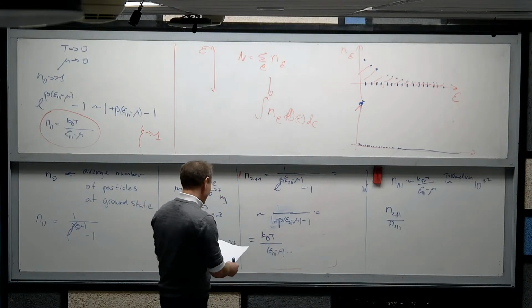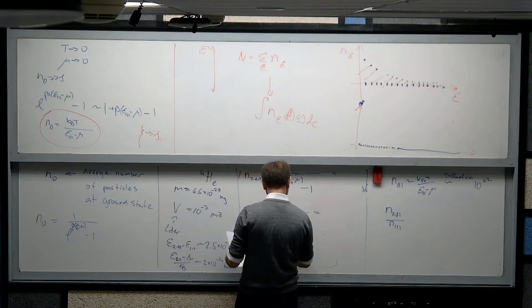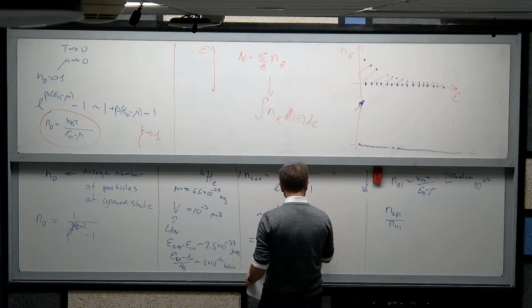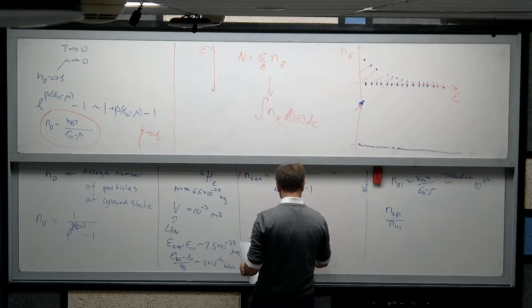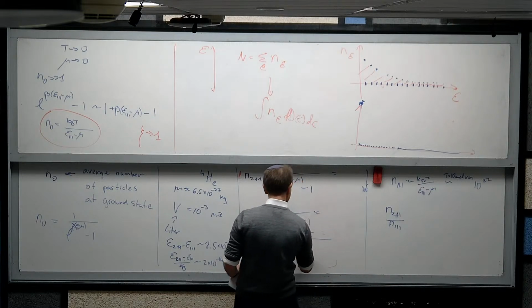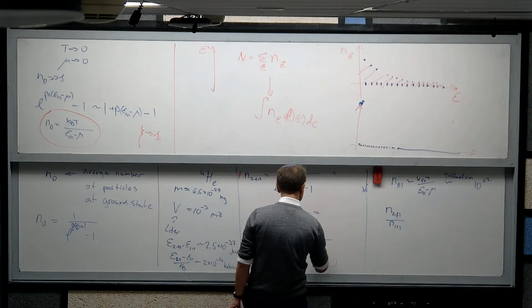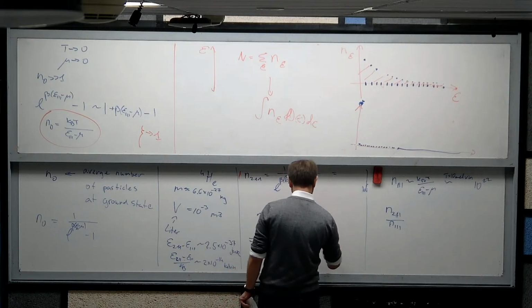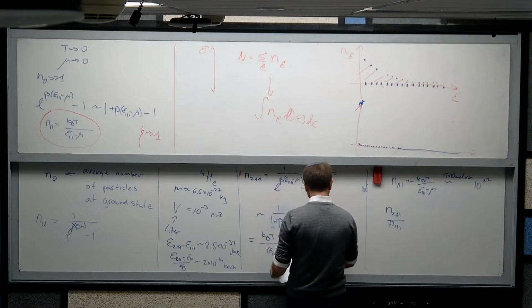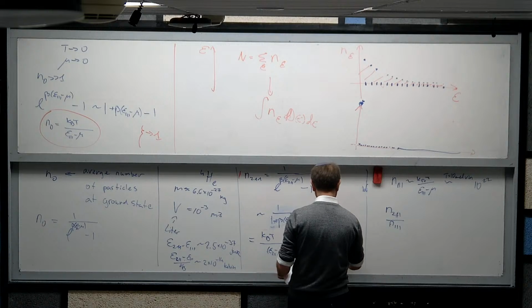And now I'm saying the following thing. This is T, and here I have epsilon 211 minus epsilon 111 plus epsilon 111 minus mu, and this divided by k Boltzmann.